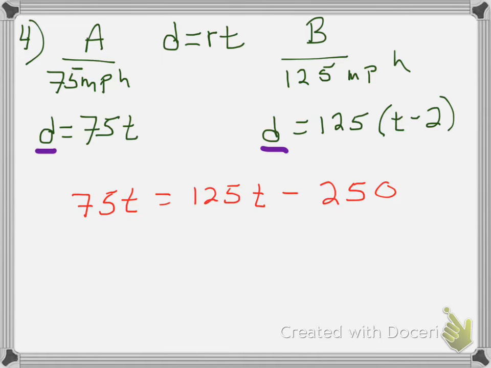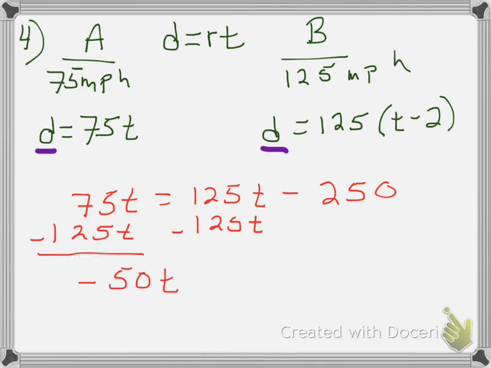Now, if I subtract 125t from each side, I get negative 50t equals negative 250.